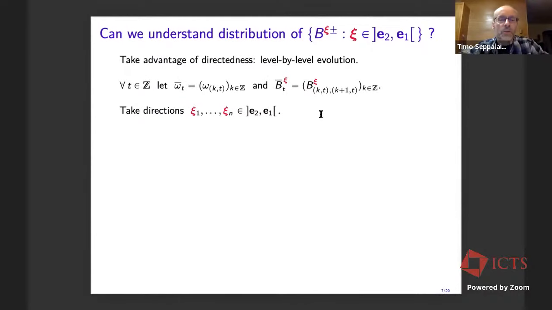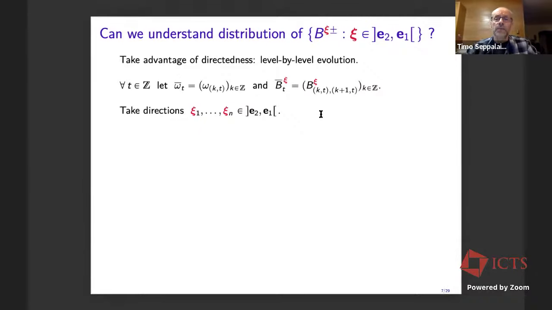So just to have some notation for it, let me put an overbar on the omega and an overbar on the b to denote the infinite sequence of all the values on a given horizontal level. So t is the vertical coordinate there. And for each t, I have all these weights and all these b values on that given horizontal level.